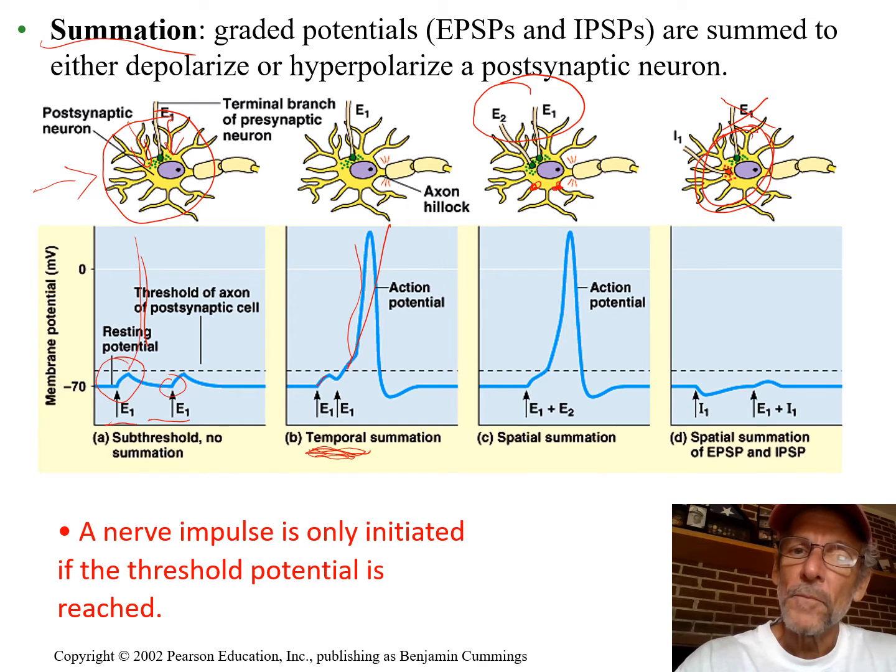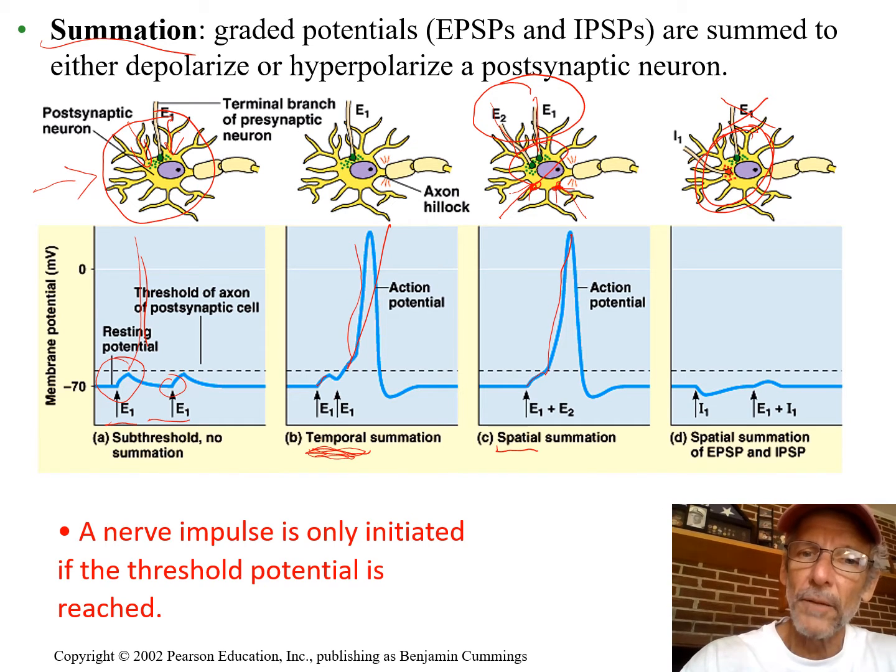Then we're not going to get enough sodium gates open in this place to cause a spike. But if they're spatially closer together, then when that impulse comes at the same time from each one, now they're close enough to get me to negative 55, which shoots me up to there.